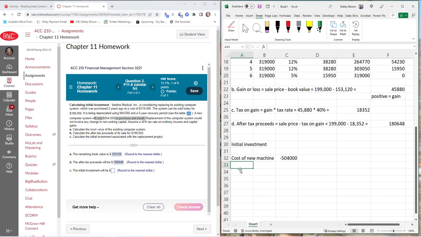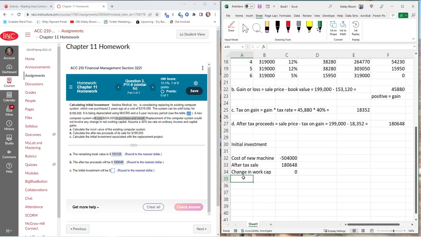Then we have to add the after-tax proceeds of the sale of the old machine. We've just calculated that, and the computer said that we were correct at 180,648. I'm going to put that in as a positive number because that's additional money that we're going to receive. And then we have the change in working capital, and in this problem, they told us that that number is 0.